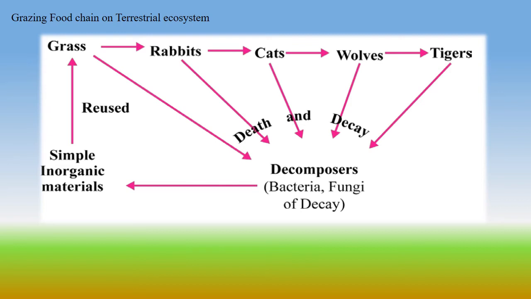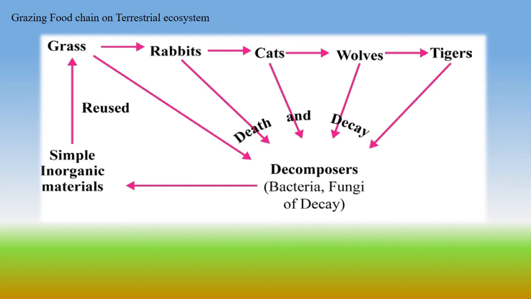starts with grass and trees as the producers. In the grassland, as I have depicted in this picture, there is grass, and if we talk about the forest ecosystem, there must be trees or small plants which act as the producers. This grass is eaten by rabbits and other herbivores. They represent the primary consumers.